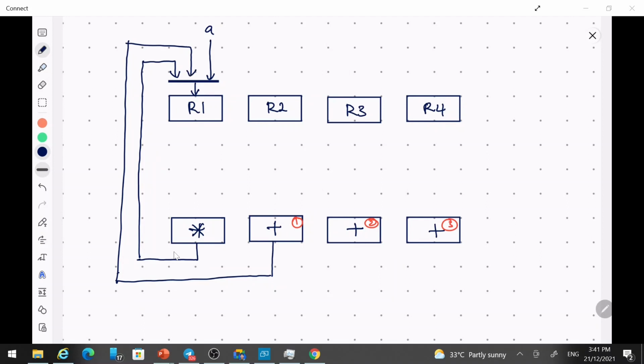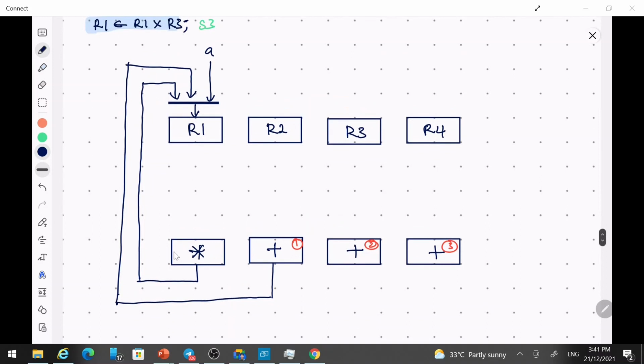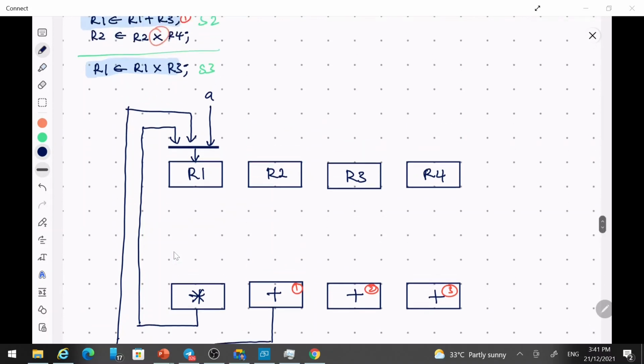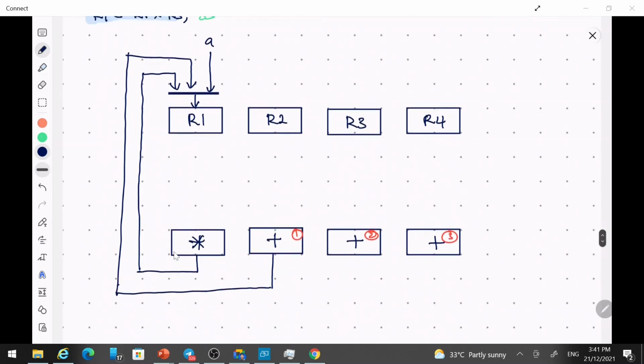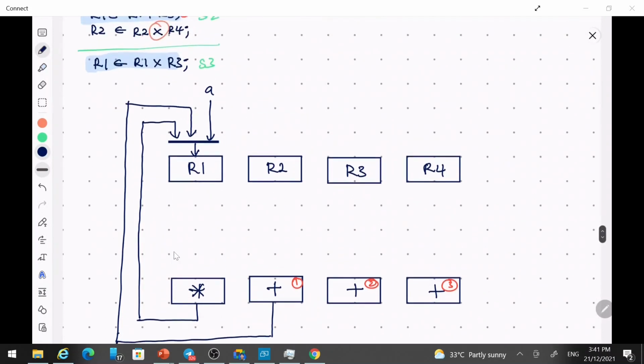This is a 4-to-1 multiplexer where the last input is not utilized, because I have only 3 inputs here, right? I now have the connection from the multiplier and from the adder to the input of R1. So this should be the input of R1, right?